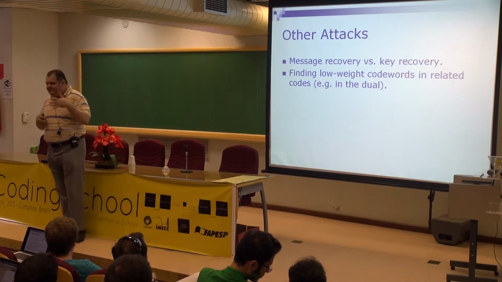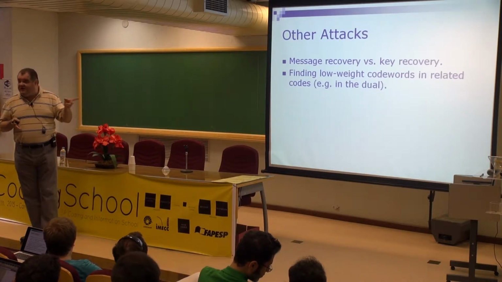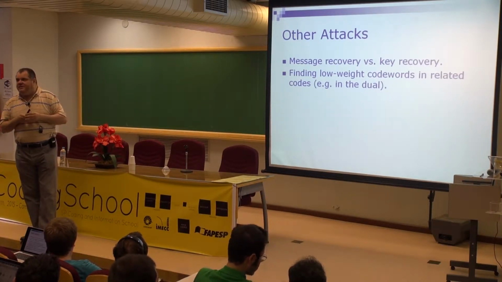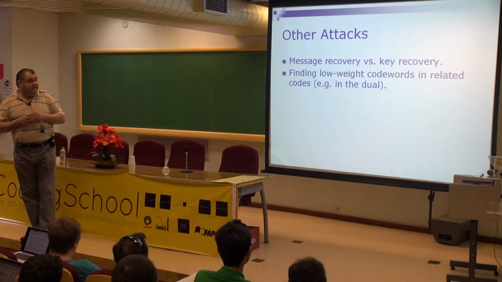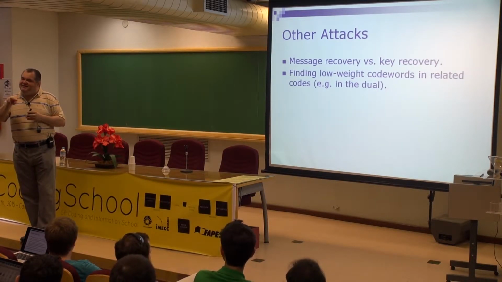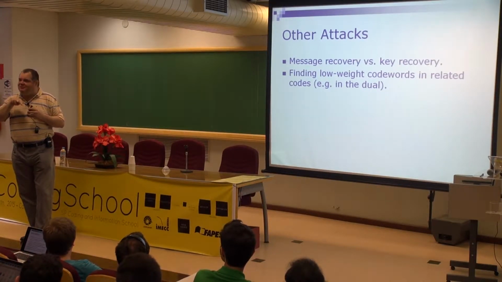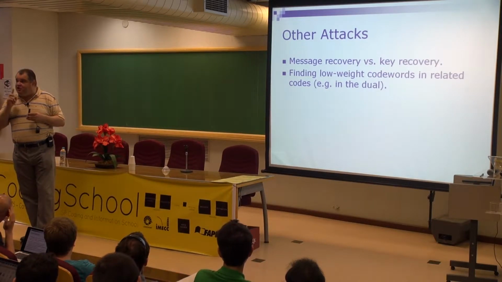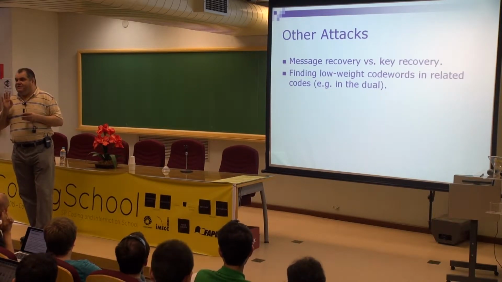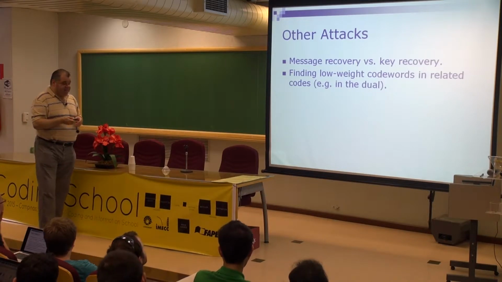If we can find low-weight code words, we'll see in a few minutes how this could be used to decode. So it's actually one occasion where key recovery can be more efficient than message recovery if we don't choose a suitable code, a secure code.